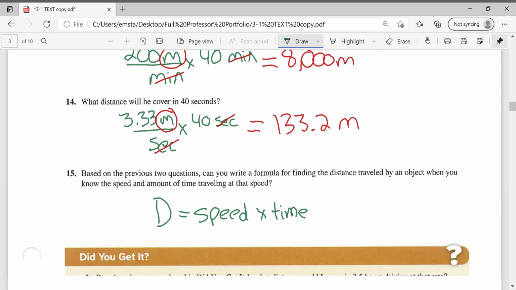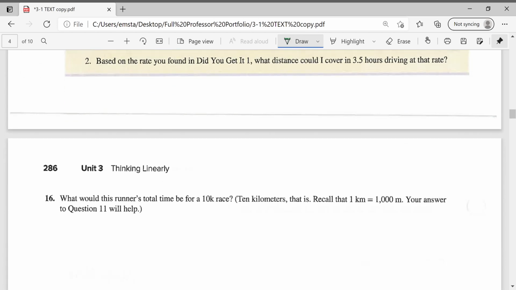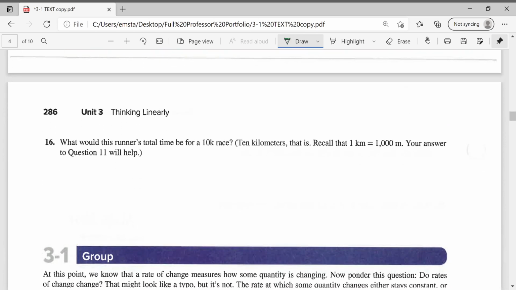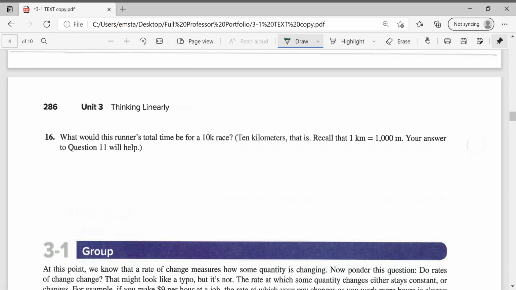One more question, turning the page to page 286. Number 16 says, what would this runner's total time be for a 10K race? And they do tell me that 1 kilometer equals 1,000 meters. I will need that. So the first thing I want to do is turn 10 kilometers into meters.